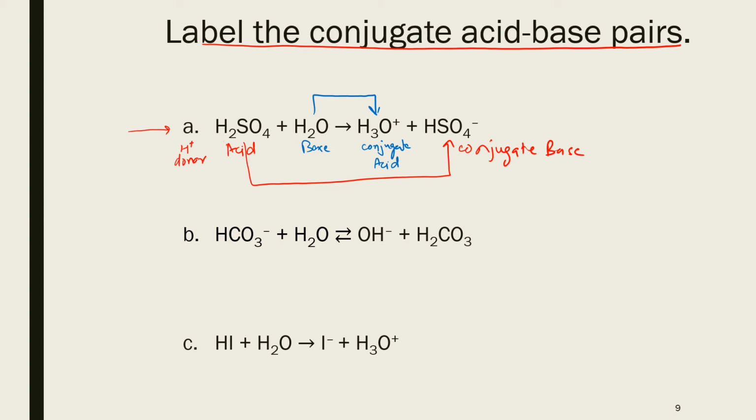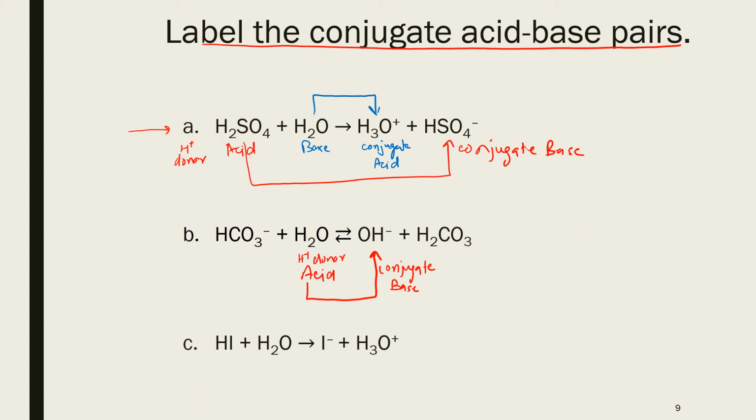In example B, the proton donor in this case is water. So water will be an acid because it's donating the proton, and the leftover part after donating the proton is the hydroxide ion, so water will be an acid and hydroxide ion will be the conjugate base.